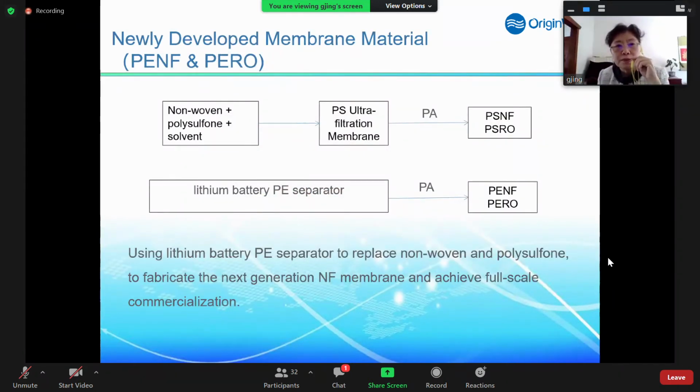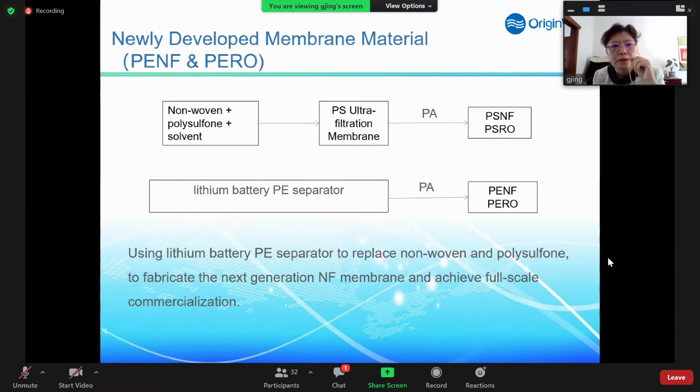In the development of the nanofiltration membrane units, we also developed a cheaper nanofiltration membrane. PENF is a nanofiltration membrane.